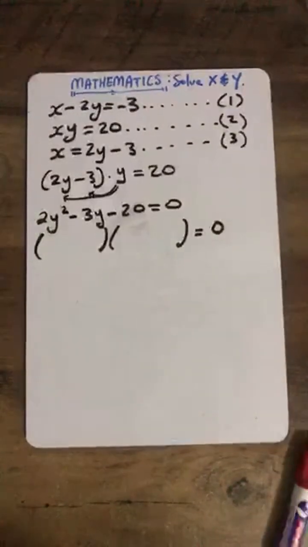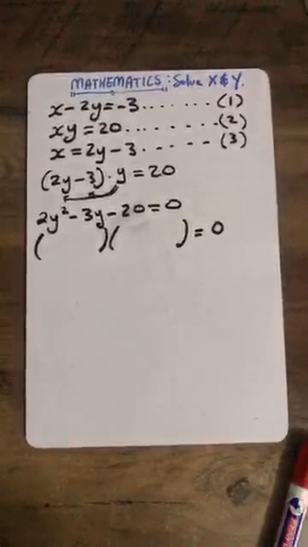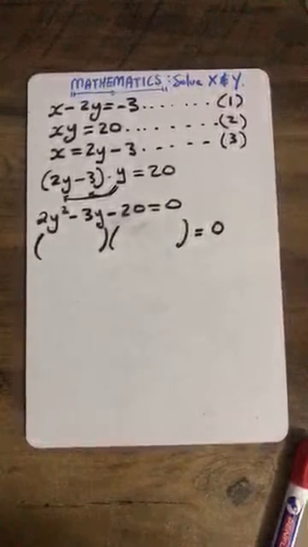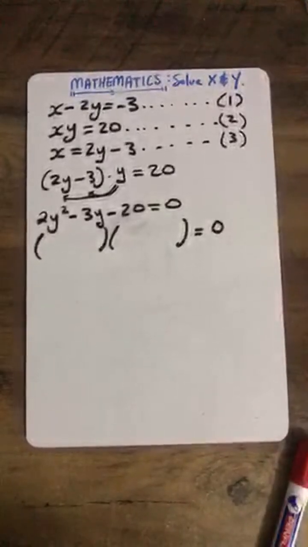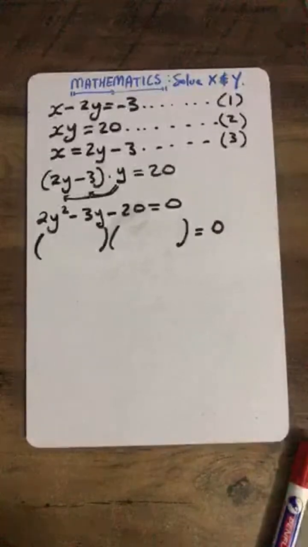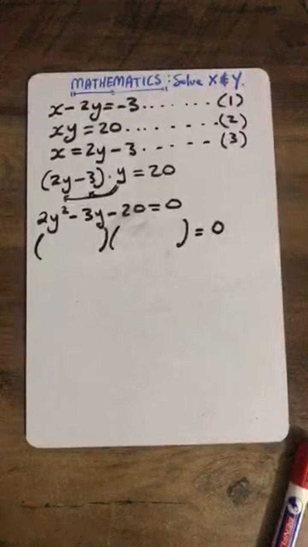Let me quickly check how that can be factorized. Very important, honorable members, that you know how to factorize. There are many ways in which you can factorize. You just make use of the method that you were taught in class.